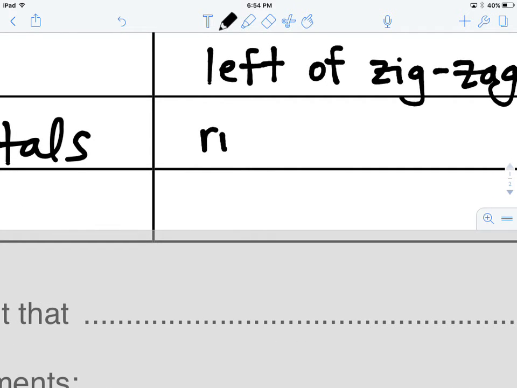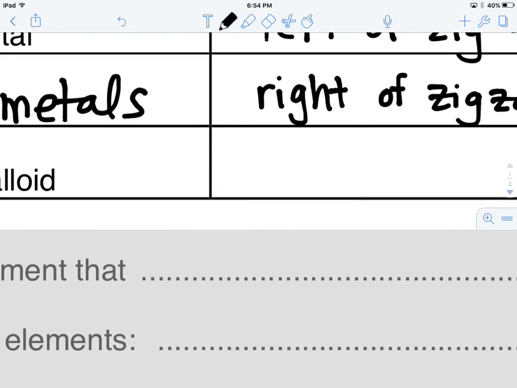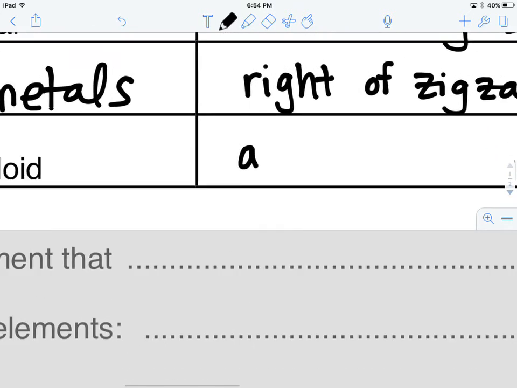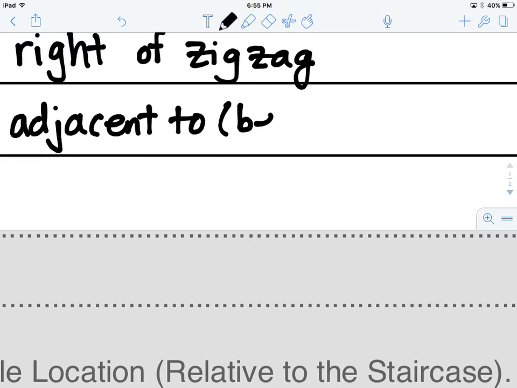Nonmetals are to the right of the zigzag. And the metalloids are adjacent. Another word for adjacent is beside the zigzag.